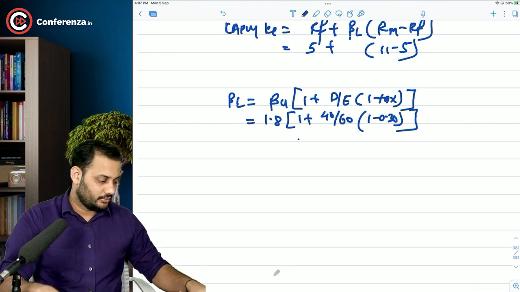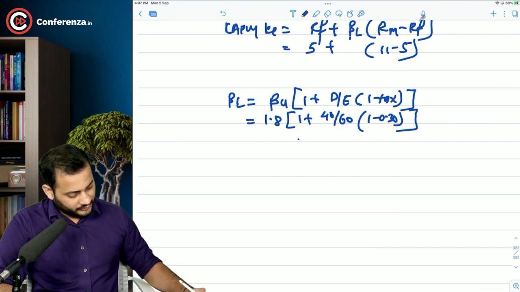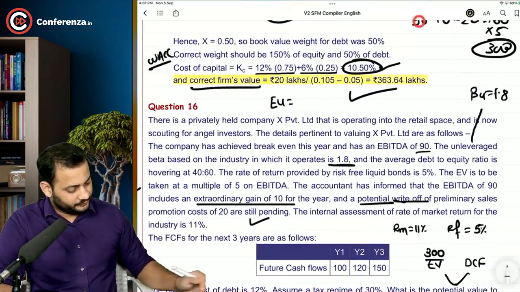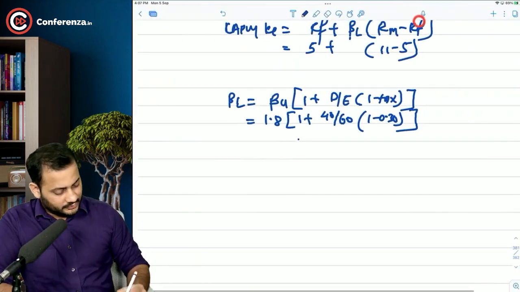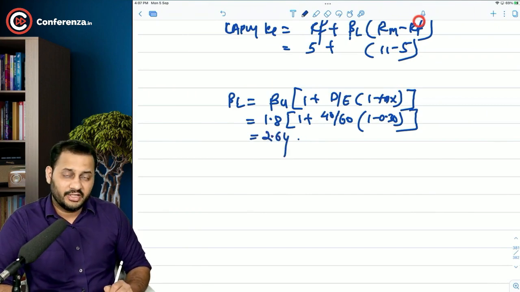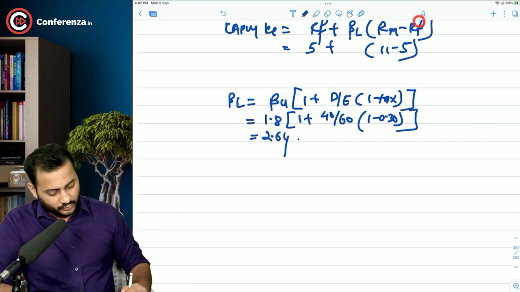If we do this calculation on the calculator, 40 by 60 into 0.70 plus 1, into 1.8, it will give us the levered beta of 2.64, a very high beta we can say.